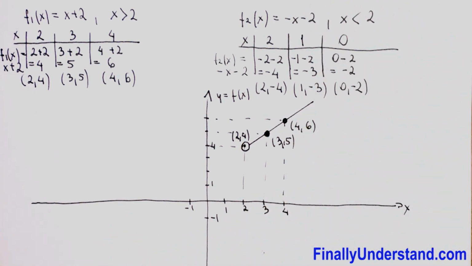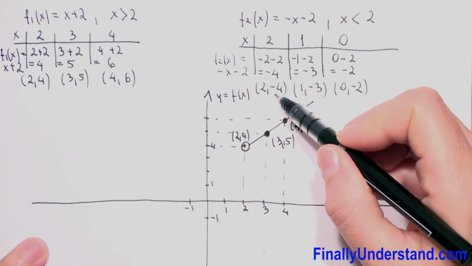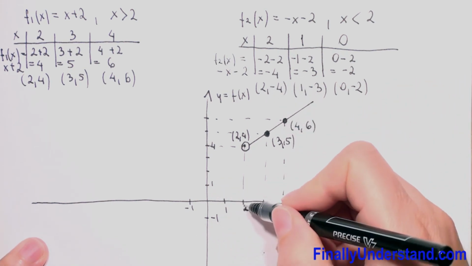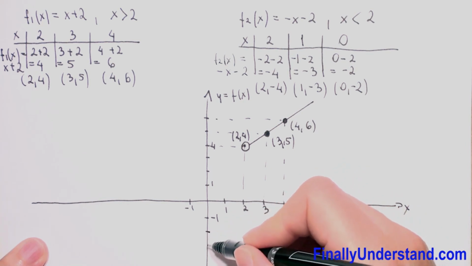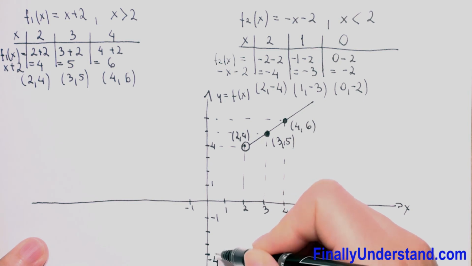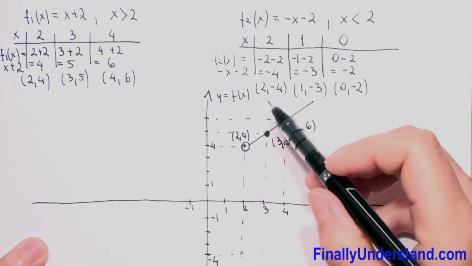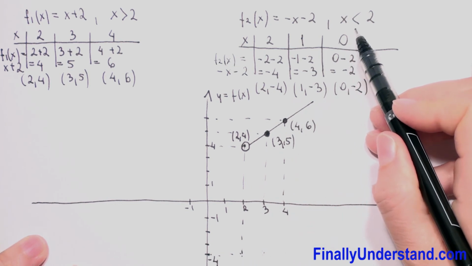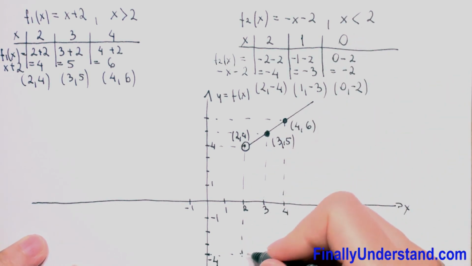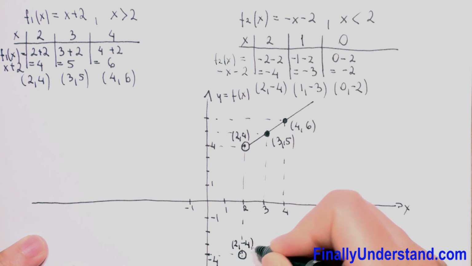Now we have to find the points (2, negative 4), (1, negative 3), and (0, negative 2). And because x is less than 2, the point (2, negative 4) is not included in our graph. This is (2, negative 4).